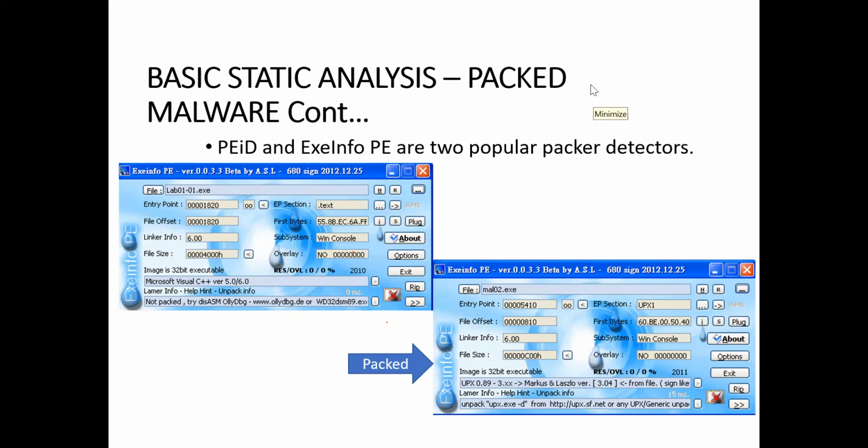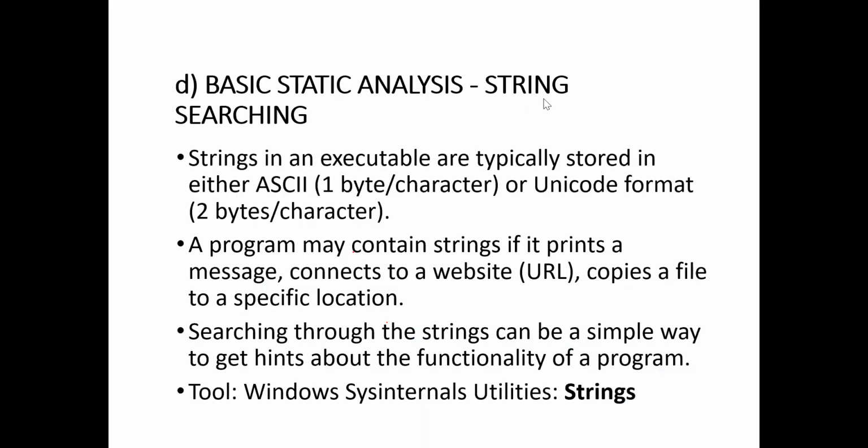These are our usernames. We have the string searches. String searches make use of strings in executables, which typically store the ASCII values, the characters, the Unicode formats in terms of bytes, to analyze these strings. They search through the strings and give us a simple way to get hints on the functionality of these viruses.